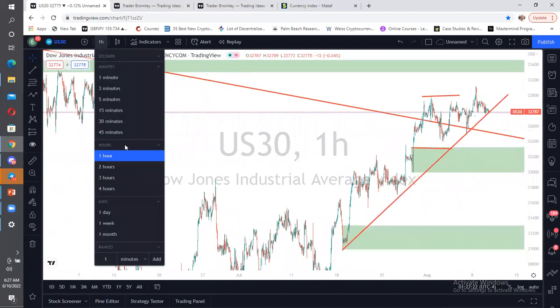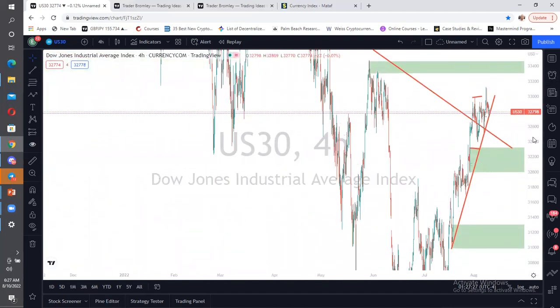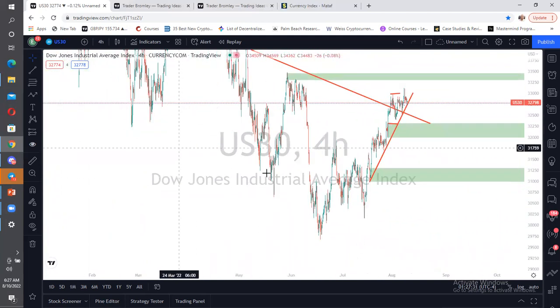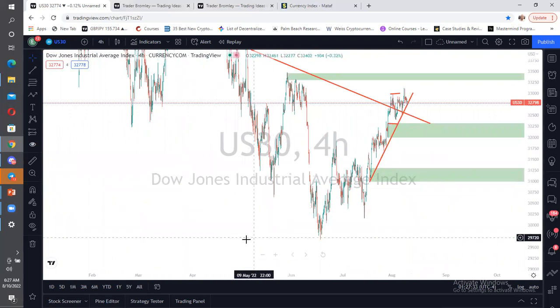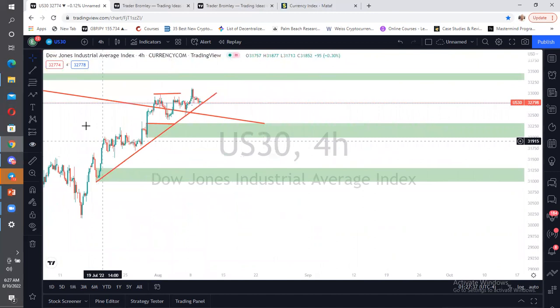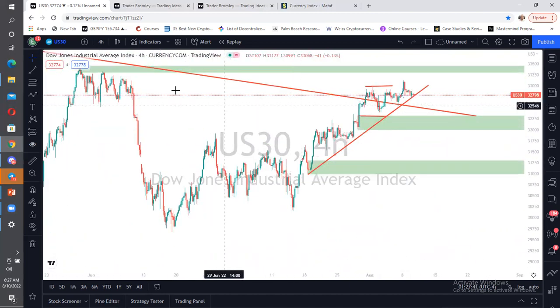We go to high time frame, like 4 hours. We get the picture of this market clearly. Zoom in. This market has no broken structure.